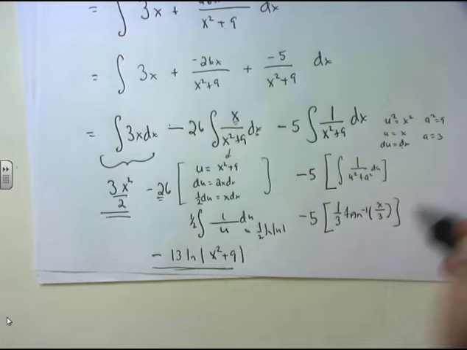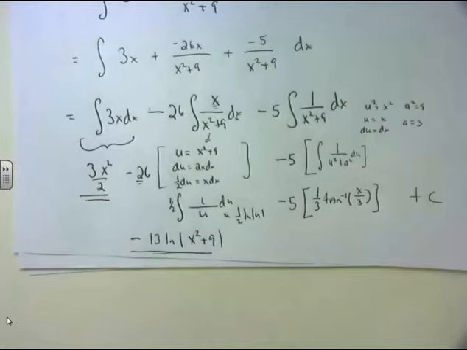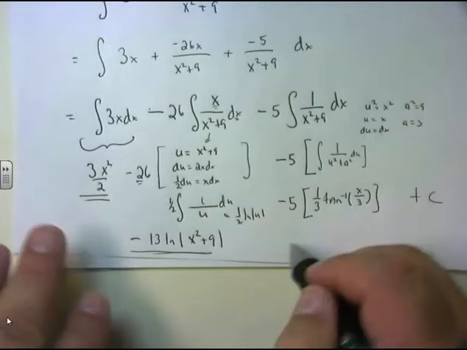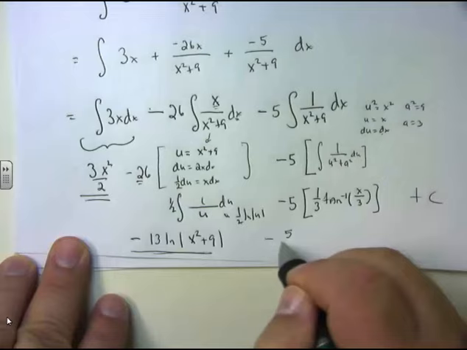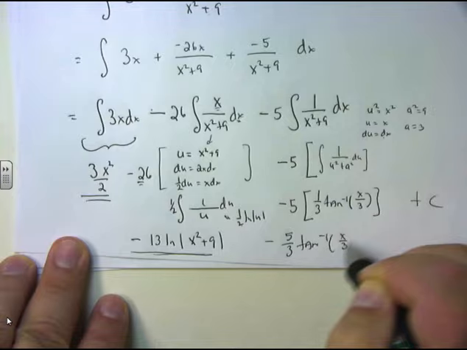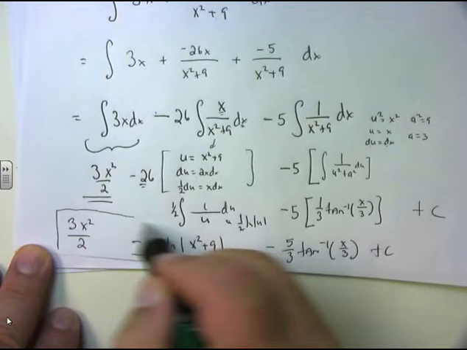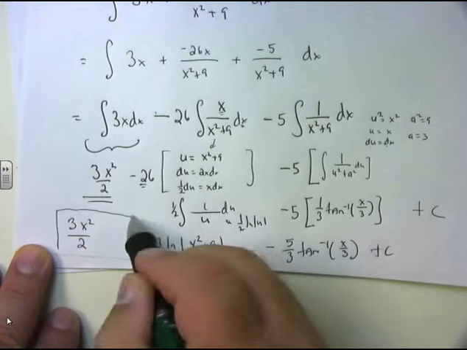And then we put the big plus c on the outside. Now I'm going to clean this part up. This will give me minus 5/3 tangent inverse of x over 3 plus c. And this first part was 3x squared over 2. So this is my final answer.